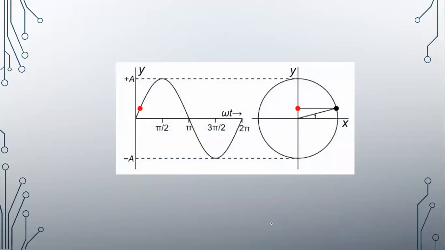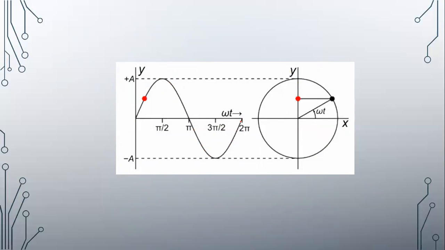For example, let this be a particle. There is a black spot which is moving in a circle having some radius r. So there is another point which is also moving in the form of a sinusoidal trace. So we can compare the phase and the location of that point with the help of this diagram.